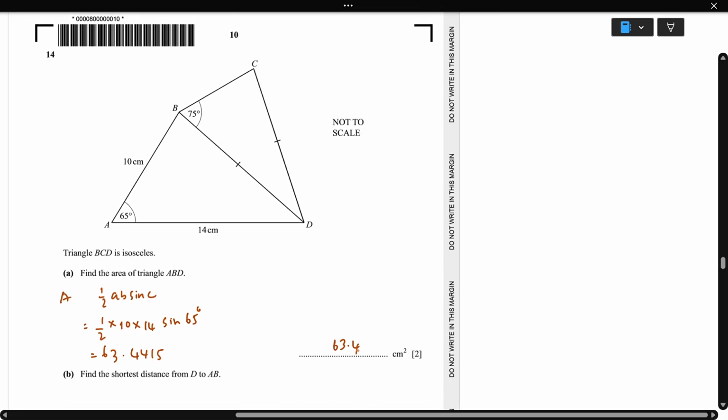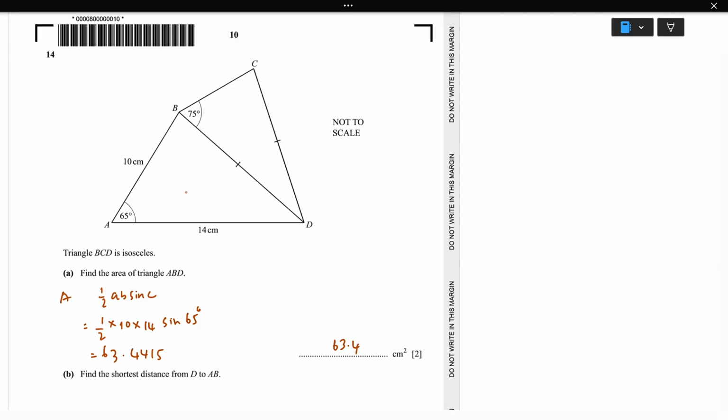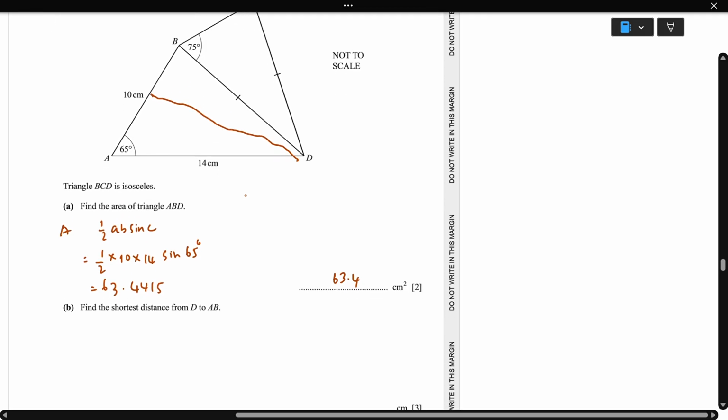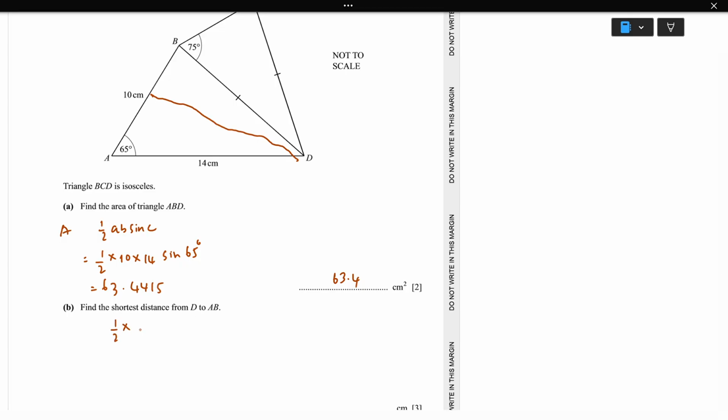Next, find the shortest distance from D to AB. Okay, so the shortest distance from D to AB. The base, now area we got. So the area formula we'll write: half into AB, which is 10, base into height equal to 63.4415.